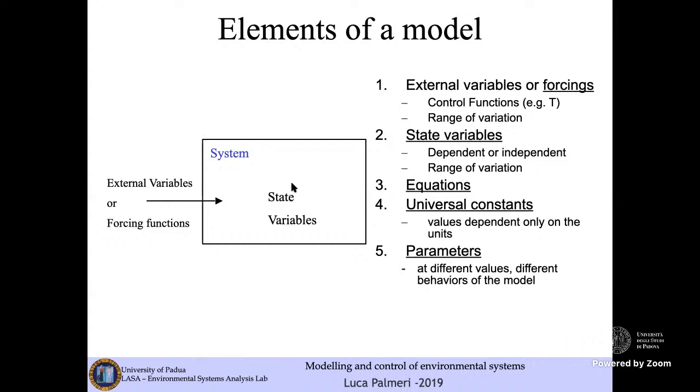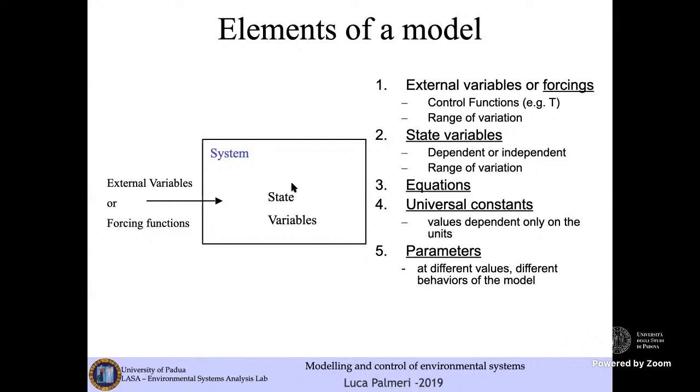The fact that we employ universal constants ensures that we are summing apples with apples, or pears with pears, as we would say in a colloquial way, so that the elements that appear in mathematical equations, which are the third element of a model describing interactions between variables, are consistent, at least in terms of units of measurement.